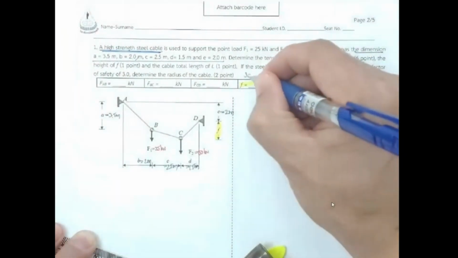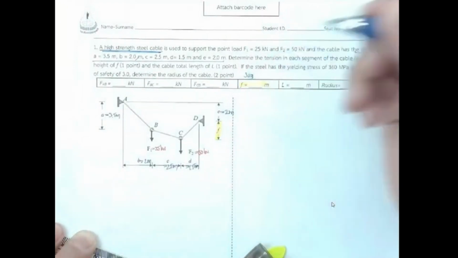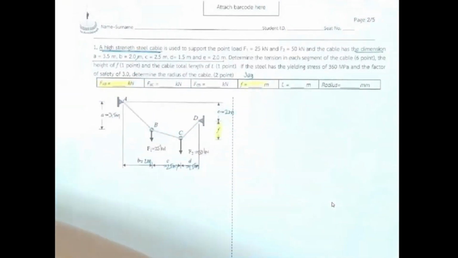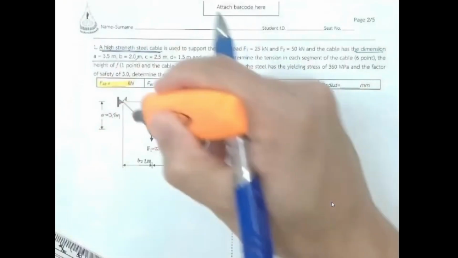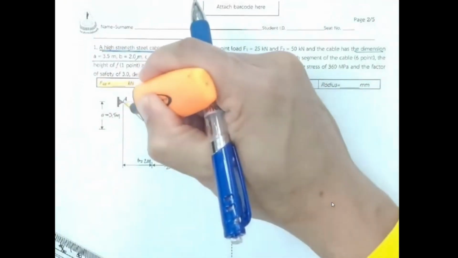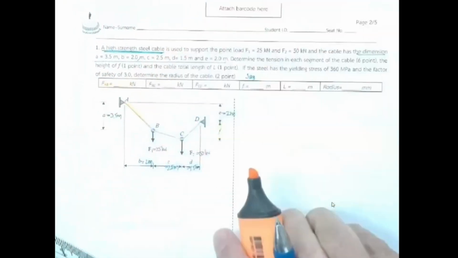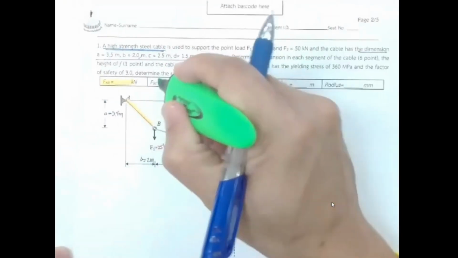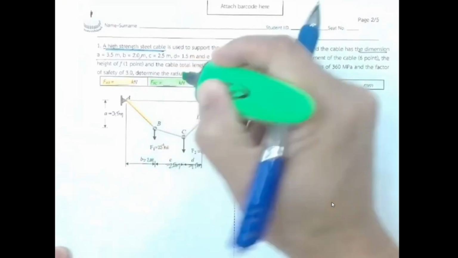Then they ask us to determine various forces in the cable. The first one is F sub AB, then F sub BC, and also F sub CD.